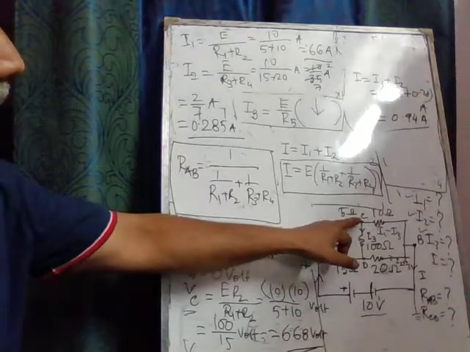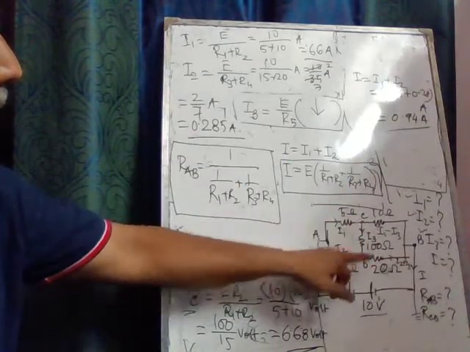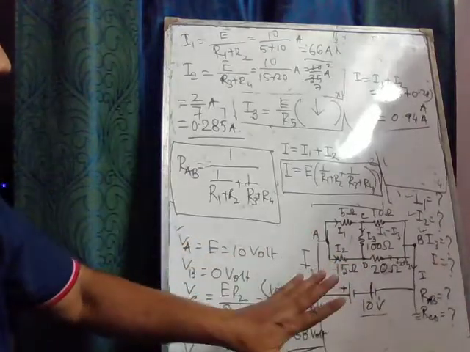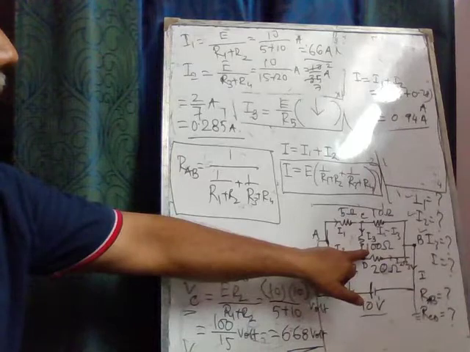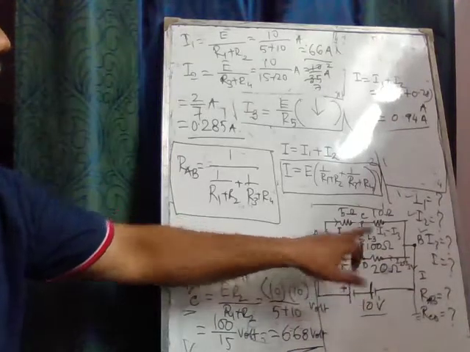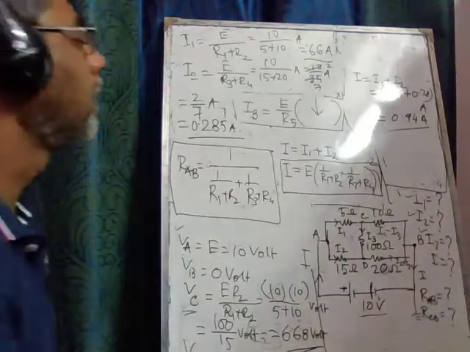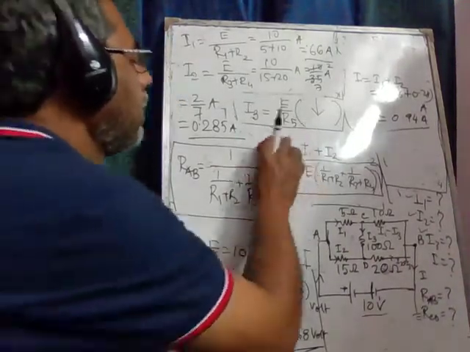So the bridge is unbalanced and there is a flow of current from the point C to the point D, and the current can be calculated because the resistance R5, which is 100 ohm, is given here. So we can calculate I3 also. So how much is I3?